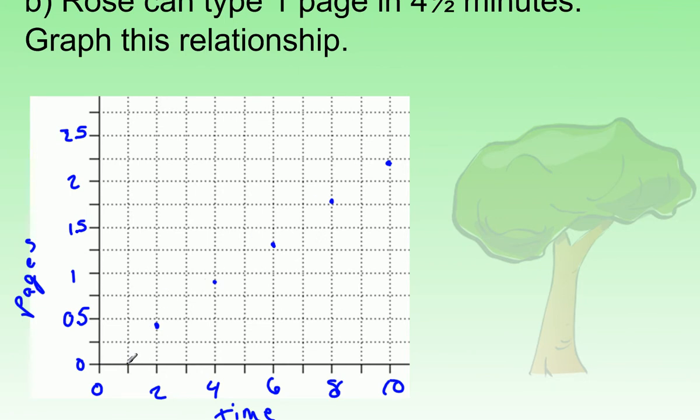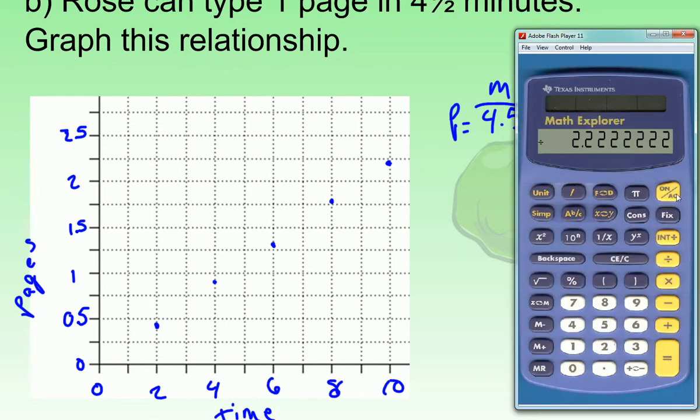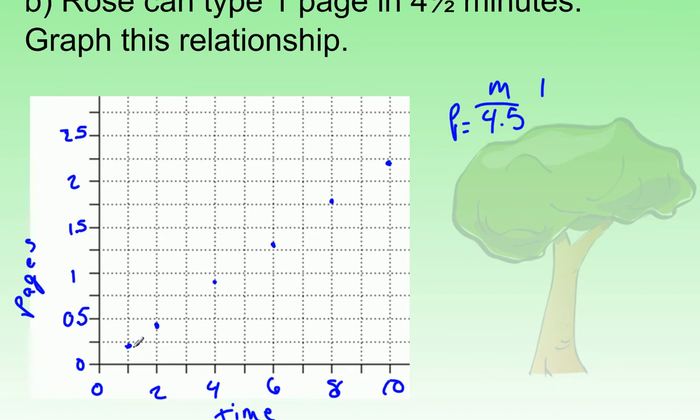So if I plugged in 1, it was m over 4.5. 1 divided by 4.5 equals 0.22. So 1, 0.22, that's 2.5. 2.2 is a little bit lower. That still matches with our line. And any points along the line would give us the same thing.